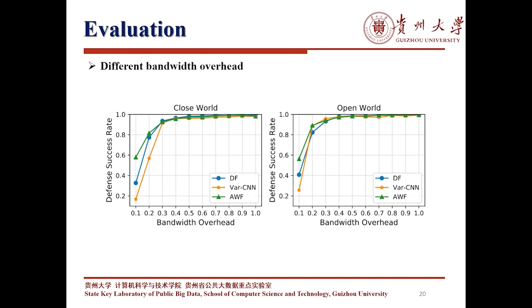From the figure, we can see the excellent performance of SAD. When the bandwidth overhead is only 30%, the success rate has exceeded 19%, and the performance is even better on the open world.